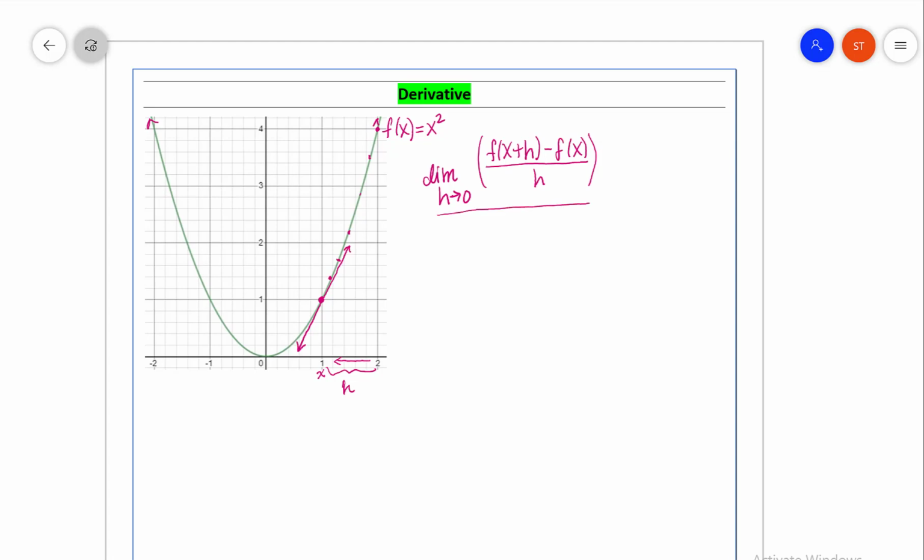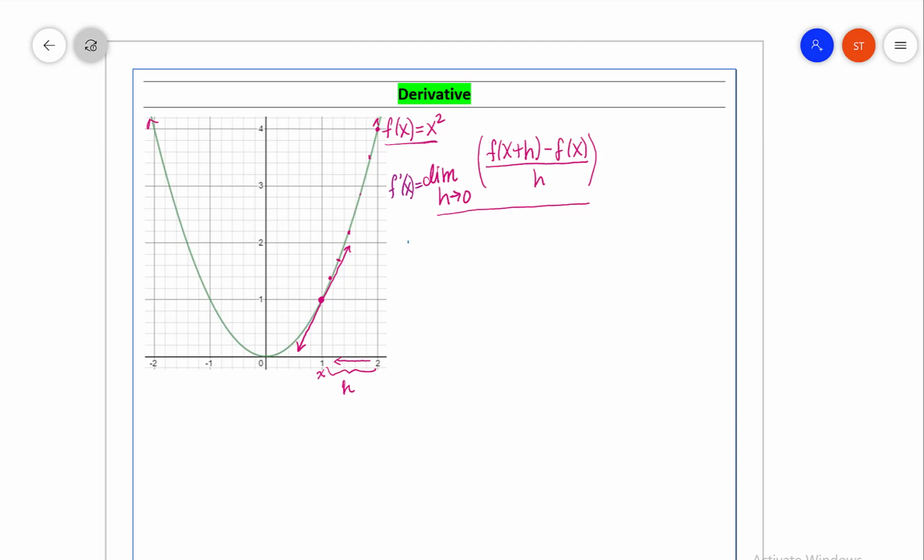And the slope of the tangent line is the same as this limit. The limit is h approaches 0. If we wanted to find the slope of a tangent line of a graph, we can use this formula. And so that's what I'm going to do for this problem. You can see I chose an equation that's very simple, f of x equals x squared. Let's find the derivative. Remember, the derivative is f prime of x. Using this form, I'm going to now use this equation.